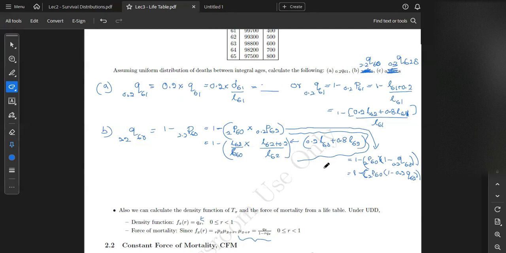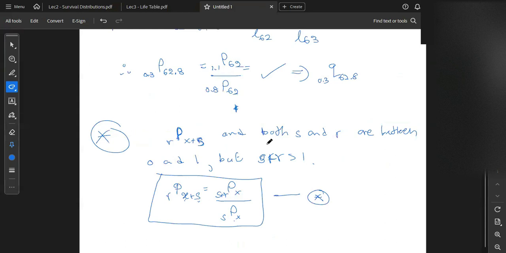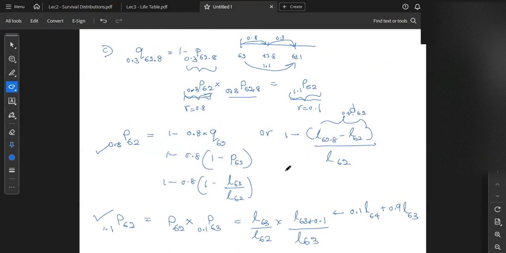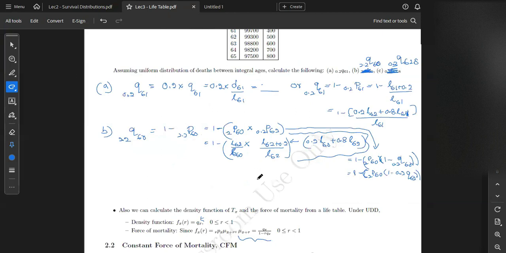Then you don't need to memorize all the equations at first. You can deduce the equations by yourself, like we did in this. We didn't use this equation directly. Instead, we used our basic reasoning and derived it using the fundamentals. So that's the way we can deal with these life tables and the equations. Otherwise, it's hard to memorize all these equations at first.